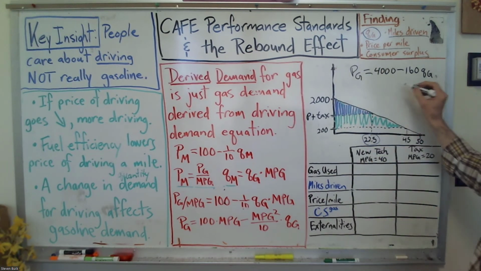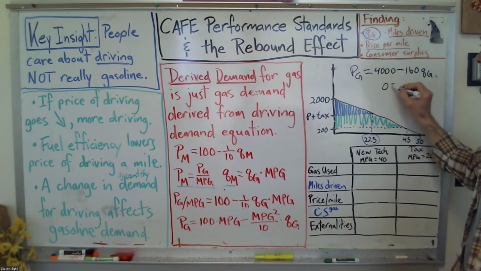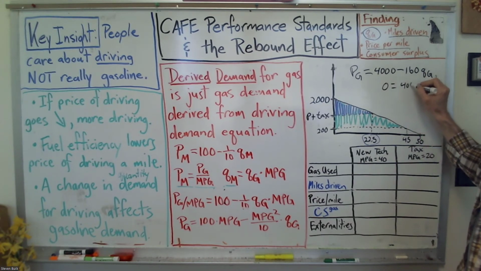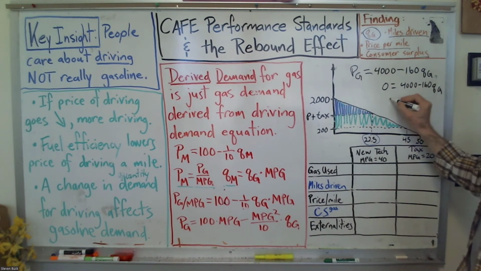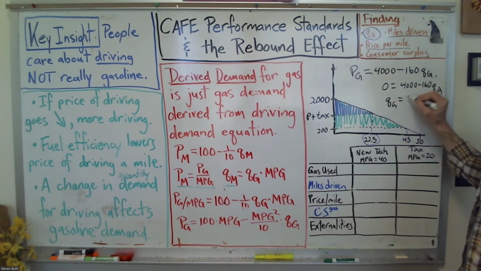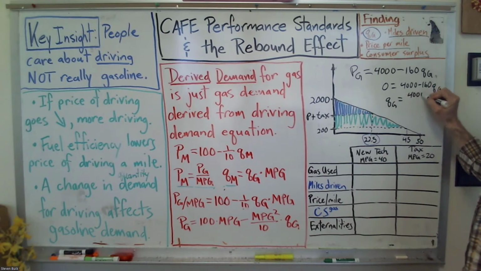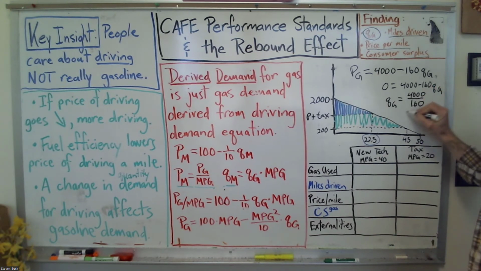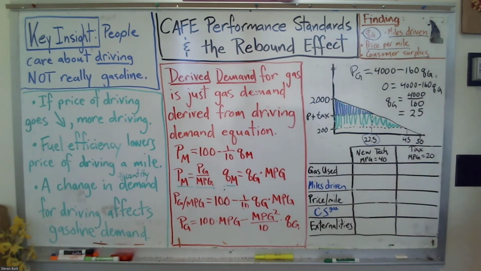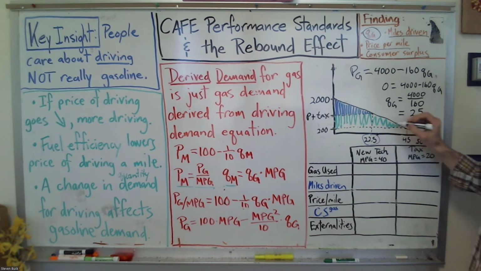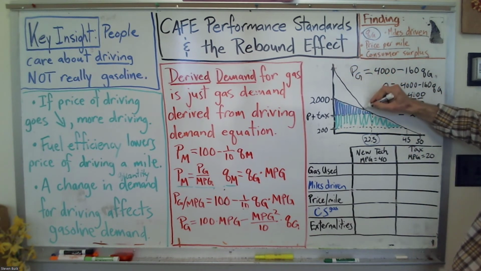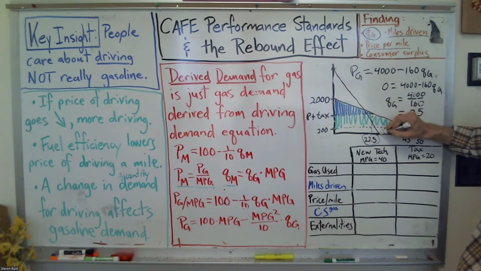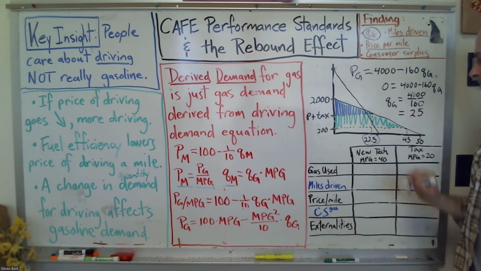And the x-intercept, well, we can solve for that by setting this equal to 0. So the x-intercept will be 4,000 divided by 160, which equals 25. So that's right about here. So our demand curve, if I can get it, is right about there.